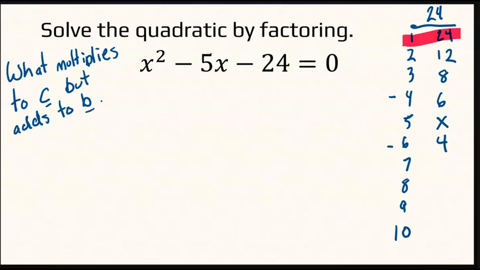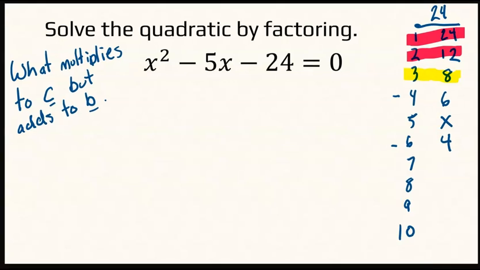So I will not use 1 and 24. 2 and 12, I cannot add those to equal -5 either. 2 plus 12 is 14. 2 minus 12 is -10 or +10. 3 plus 8 equals 11. But 3 minus 8 equals -5. Or if you needed the 5 to be positive, 8 minus 3. So 3 and 8 are the factors we're looking for.